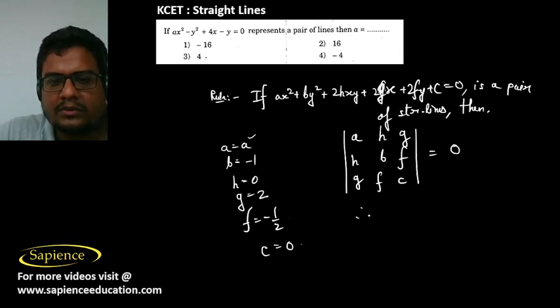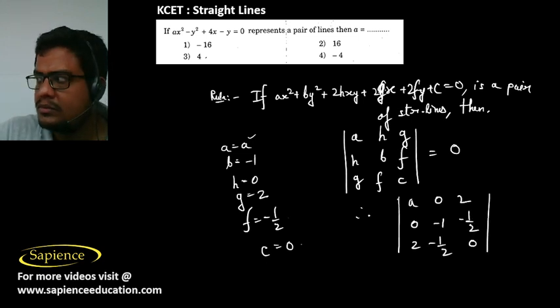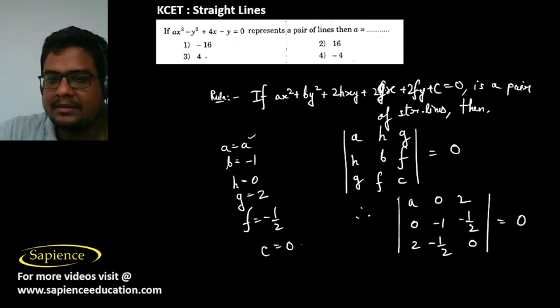So therefore the determinant of a 0 2, 0 minus 1 minus 1 by 2, 2 minus 1 by 2 0 should be equal to 0.